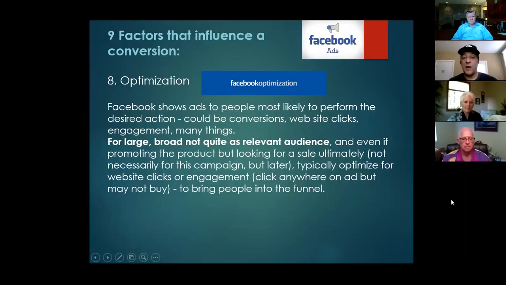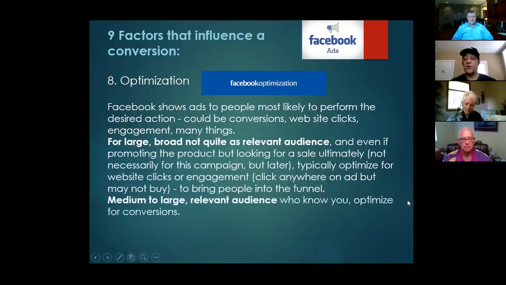But the rules of thumb, and these are just rules of thumb, they're not set in stone, are that for a large, broad, not quite as relevant audience, in other words the beginning of your funnel, you typically optimize for website clicks or engagements, to bring people into your funnel.